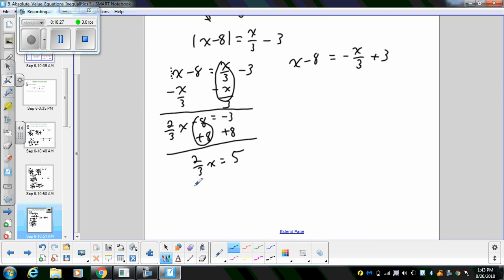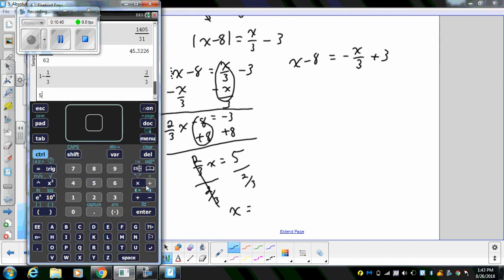So to get rid of this coefficient, I'm just going to divide by 2/3 on both sides. So I get x equals 5 divided by 2/3. So in my calculator, I'll do 5 divided by parentheses 2 divided by 3. And it gives me 15/2. If you do Control Enter, it's roughly 7.5.